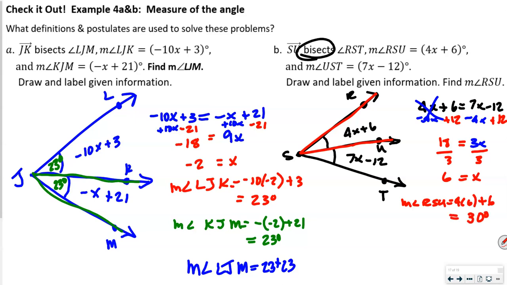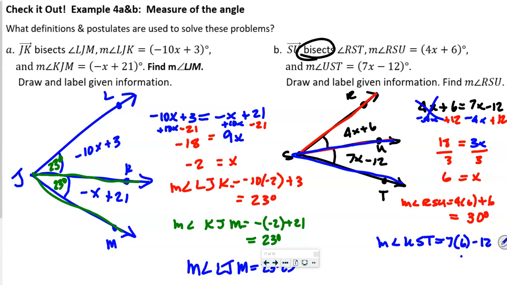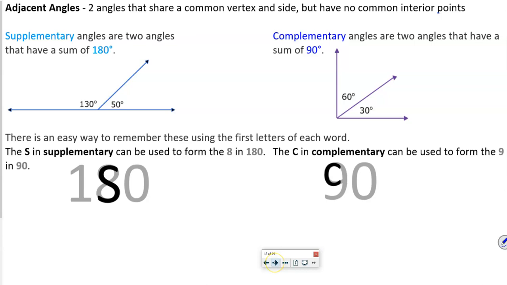So to double check and make sure I got the right answer, I'm going to go ahead and put it down here as well, okay? So that's going to be the measure of angle UST. And that's going to be 7 times 6, that's 42, minus 12, and guess what? That's also 30 degrees. So when you can check it, do. And even though it didn't ask us for that bottom angle, because we know the angles are congruent, you should find that measure just to check and make sure that you got the answer correct, okay?